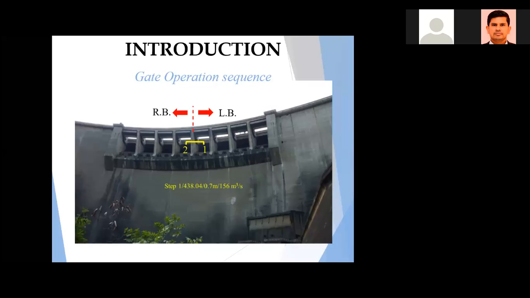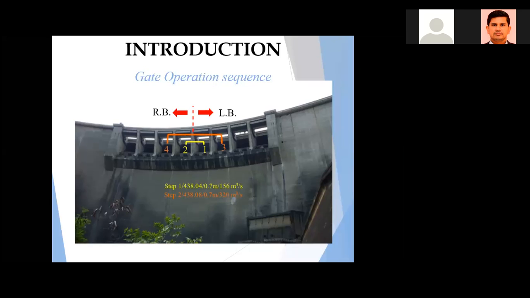When the water level comes to 438.04 meters mean sea level, the first 2 gates open in step 1, opened 0.7 meters, discharging water 156 cubic meters per second.